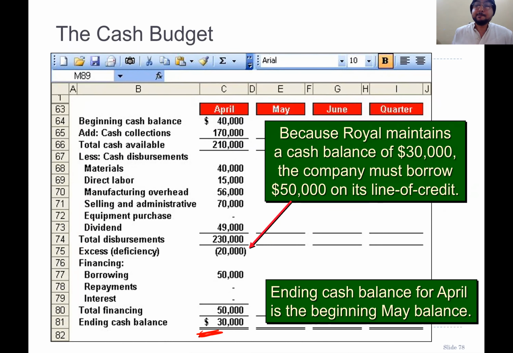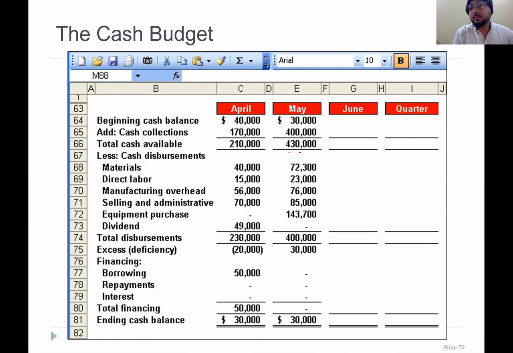Okay. In May, cash collection is 430,000. In May, you have to pay for equipment, 143,700. And now you have an excess of 30,000 here, right?